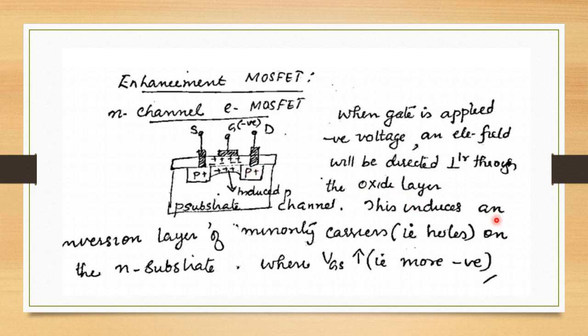So this induces an inversion layer of minority carriers. Why is it called an inversion layer? Since this is an N substrate and P is induced, or the holes are induced, which are the minority carriers in the substrate, this induces an inversion layer of minority carriers, that is holes, on the N substrate.